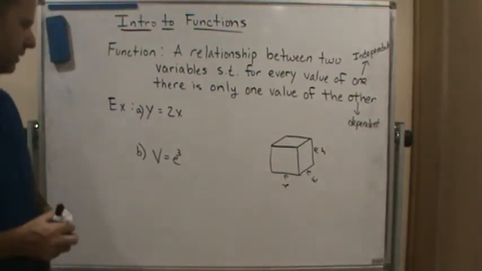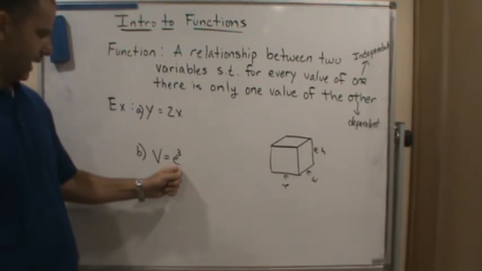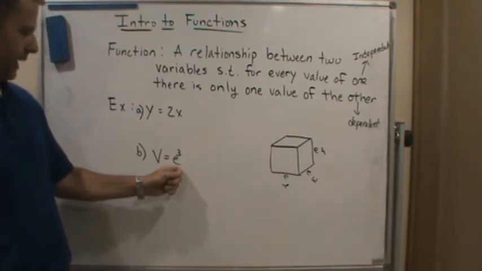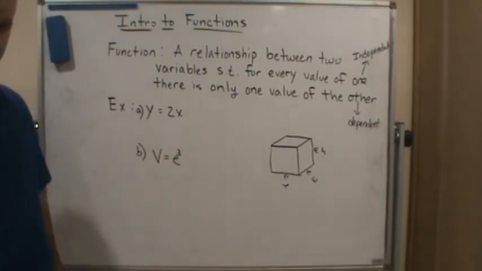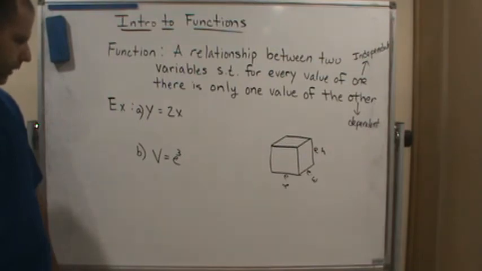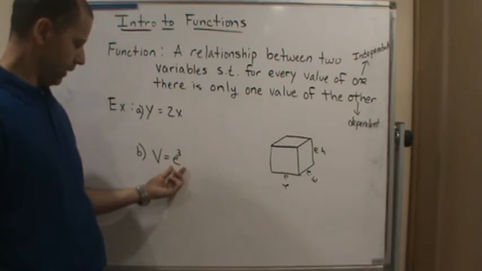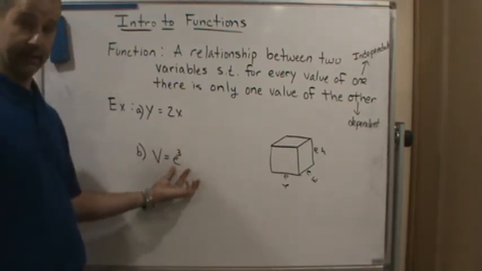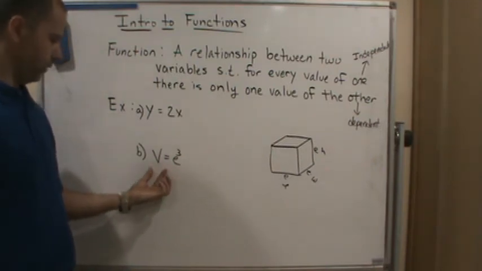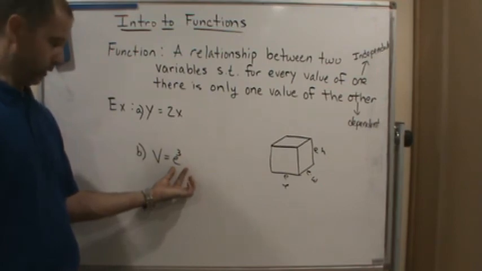Okay? So since it's a cube and they're all the same, we know that the relationship between volume and the side, the length of one side of the cube, is given by this formula, V equals e cubed. Okay? So we say that e is the independent variable and the volume of the cube depends on the length of the side. So V is the dependent variable, e is the independent variable.